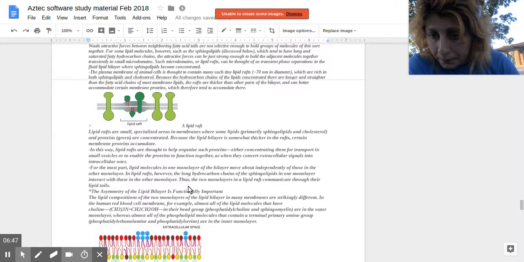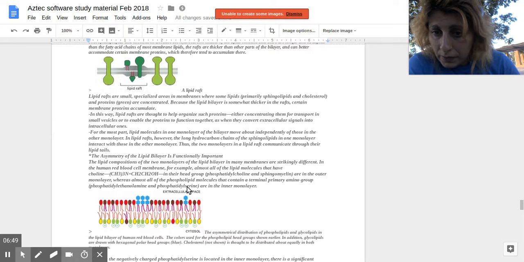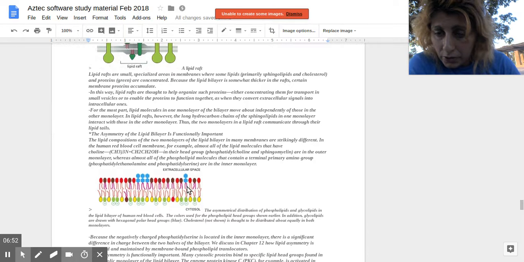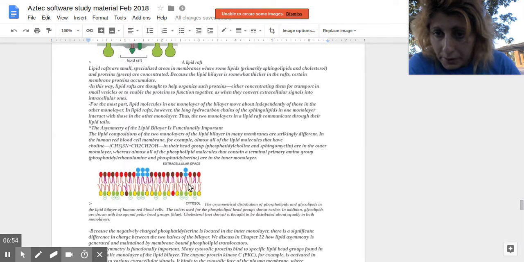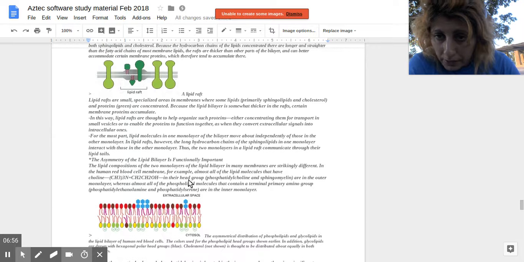So, the asymmetry of the lipid bilayer is functionally important. The lipid compositions of the two monolayers of the lipid bilayers in many membranes are strikingly different.